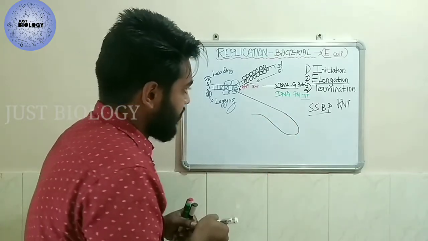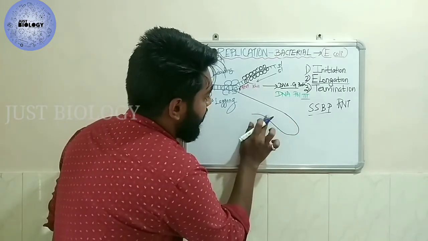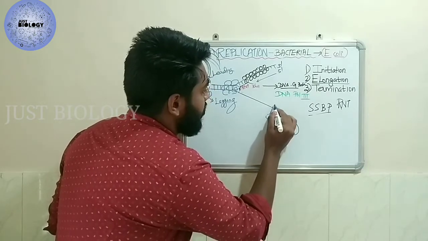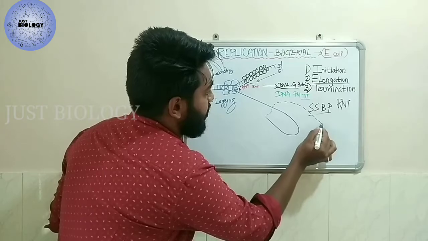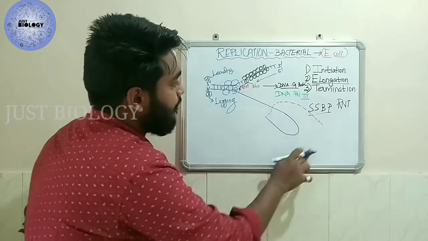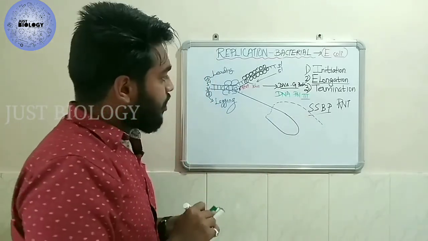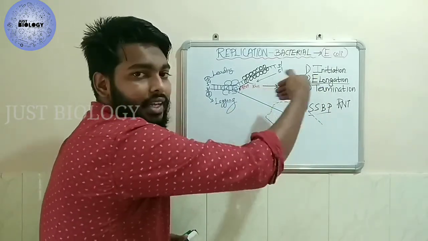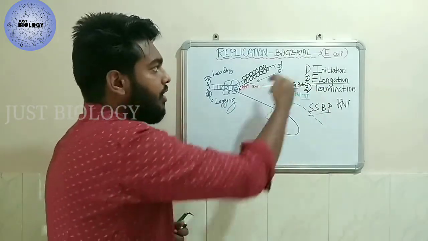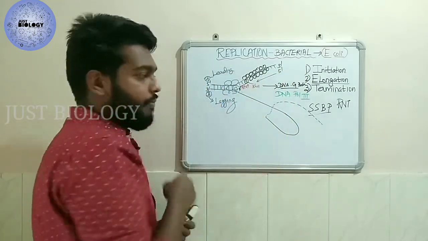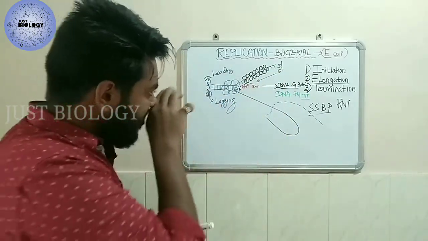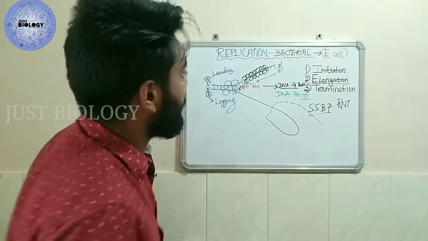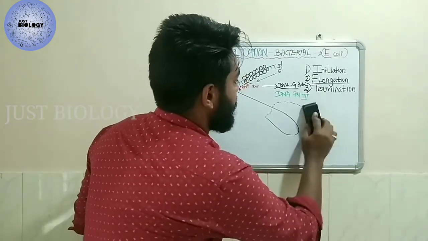They will make it turn like this, so that this enzyme can read this direction very easily, this strand. Let's say I have to erase some of the portion here.